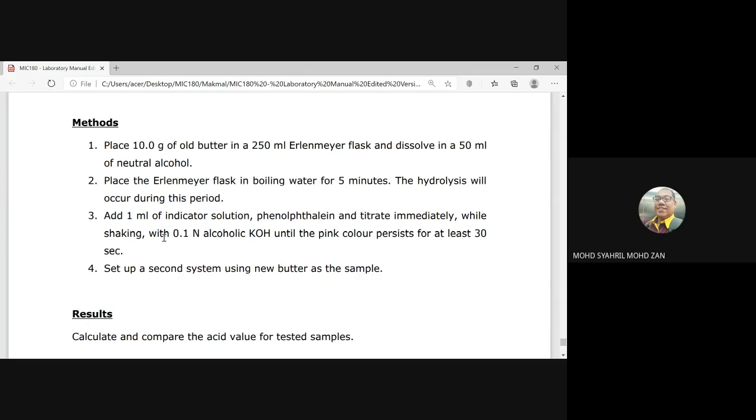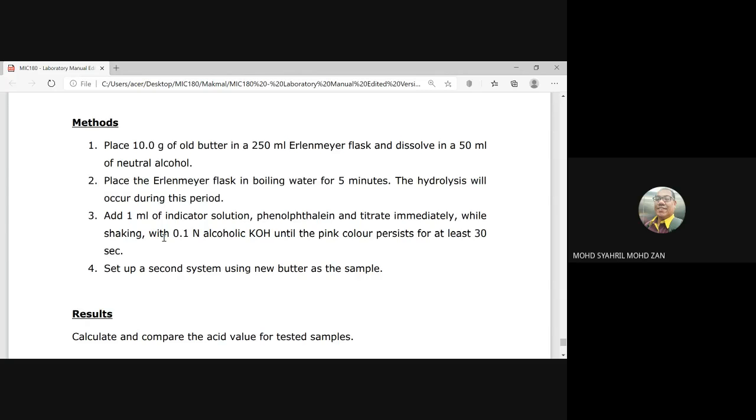And while shaking, so the difference between the method of acid value and saponification: saponification you have to warm it first, ataupun biar sekejap. Jangan terus kita titrate. Beza dengan acid value. Saponification awak kena biarkan dia sejuk sekejap, suam dekat tangan awak tu, baru awak buat titrate. Okay. Yang kedua, awak punya titration solution.